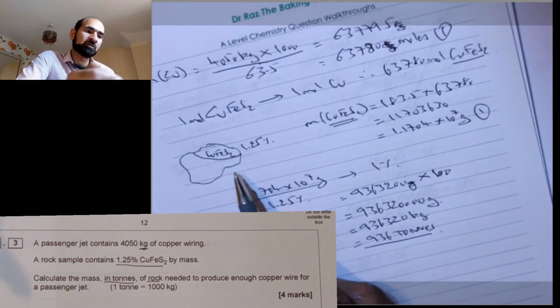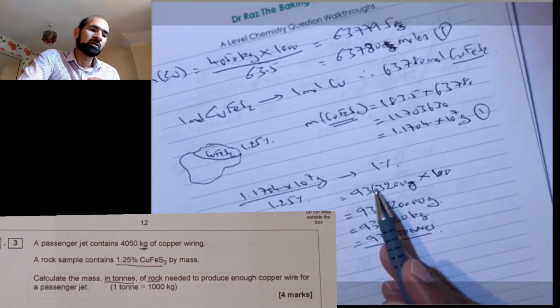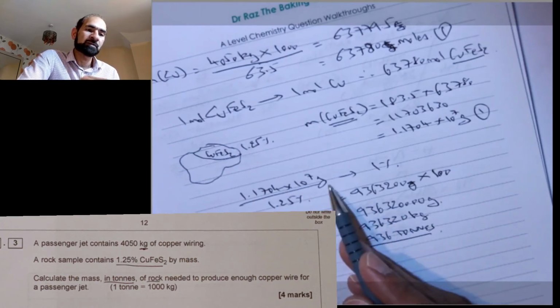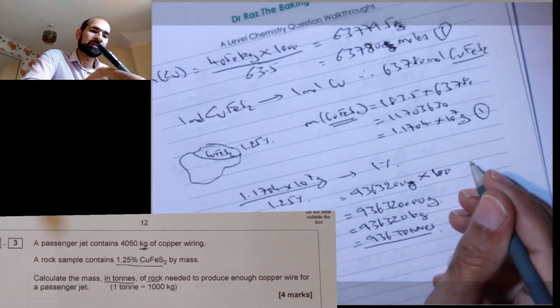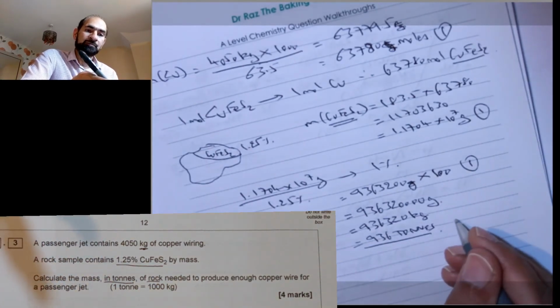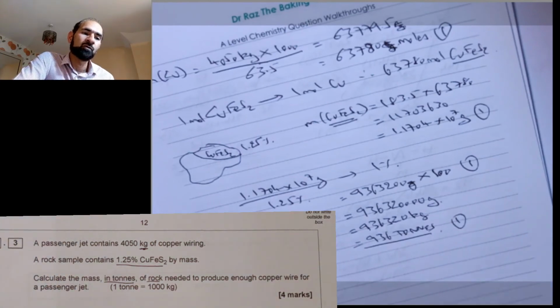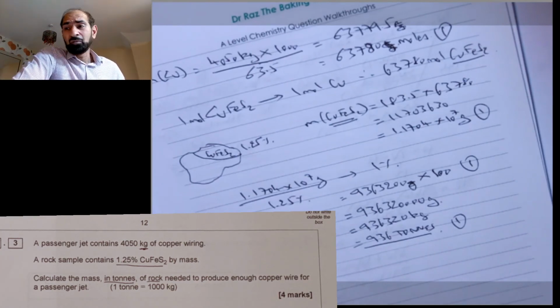the rock is only 1.25%, so you need to account for that. You can do this step and the previous step in one go, dividing by that and multiplying by 100, or do it in 2 steps like I did, and that would be the third mark. The fourth mark is getting the right conversion to tons. It's only a 4-mark question, but it was not a well written question.